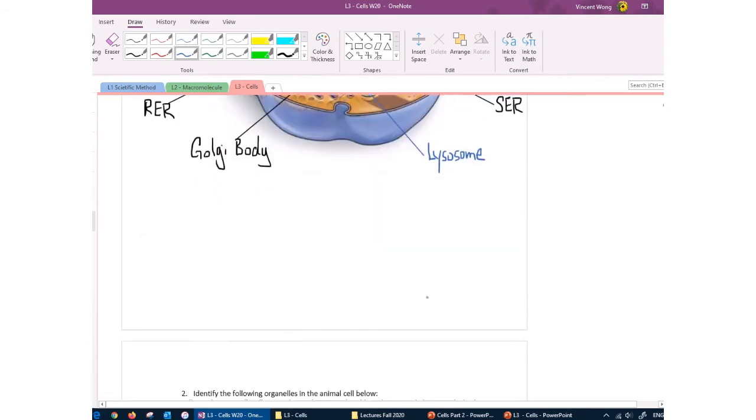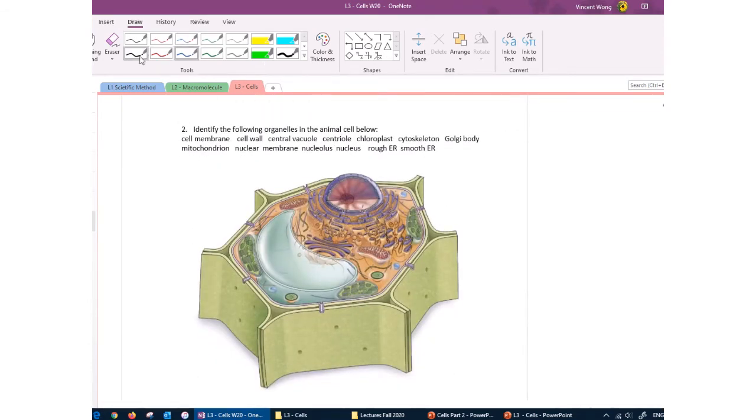Let's just quickly go to the plant cells and identify the same thing. Should be quite easy. You can try it yourself first. There is the nucleus. Since plant cells are eukaryotic cells, that's why they also have a nucleus. And I'm just going to skip the nuclear envelope and the nucleolus stuff. It's there, there is a nucleolus.